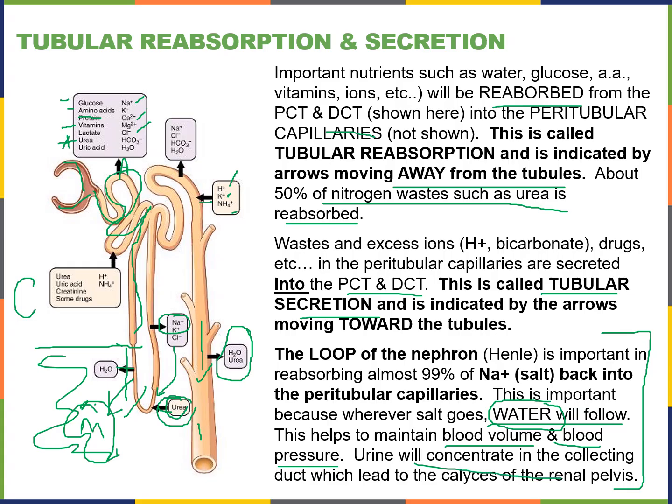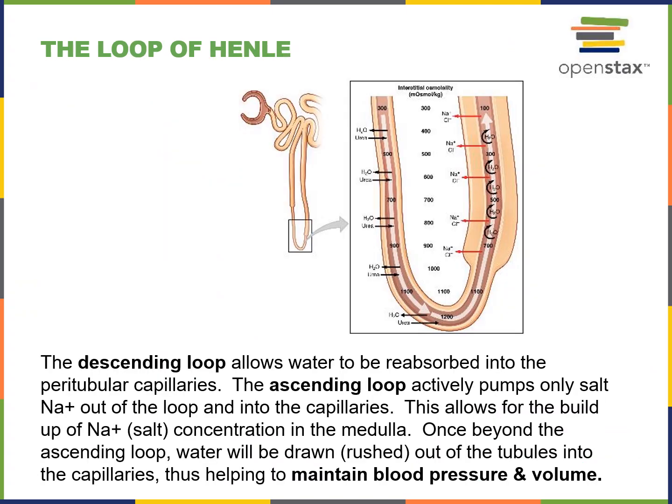So urine will concentrate in the collecting duct, which leads to the calyces of the renal pelvis. So the loop of Henle, this is a little bit more about the loop of Henle, and everything I just told you is here. This bit about maintaining blood pressure and blood volume is not to be forgotten, even though we are not discussing it in great detail.